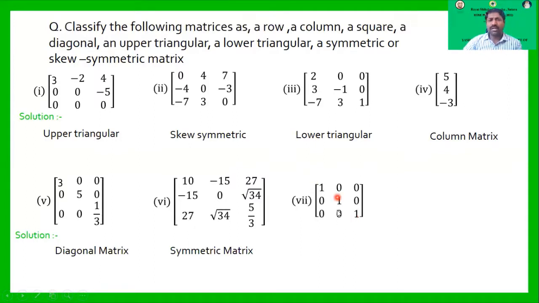So this is a unit matrix or identity matrix. Eighth example, last example: this matrix is a square matrix. Again, we can say this is a diagonal matrix. This one is upper triangular and lower triangular, but particularly it is a scalar matrix, a diagonal matrix in which all the diagonal elements are the same. So this is a scalar matrix.